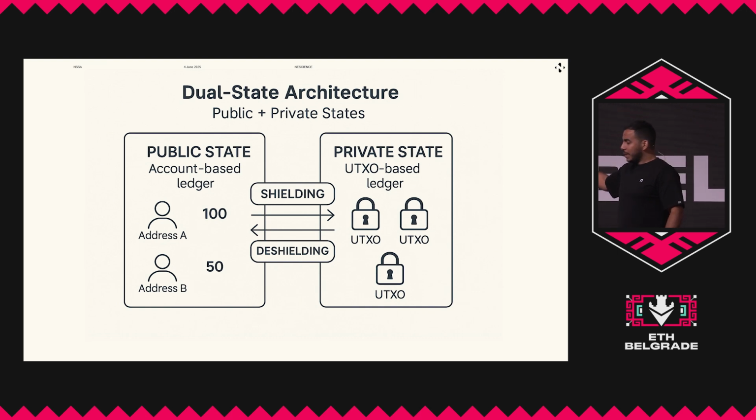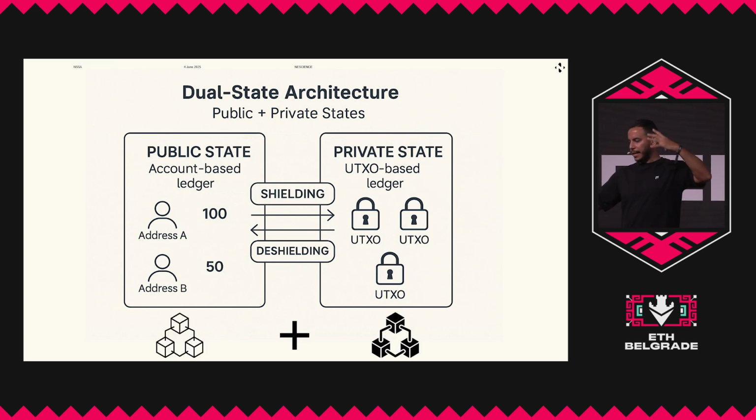So we'll have a public state, which is an account-based ledger where we have accounts and balances, and a private state that is UTXO-based, which represents the ownership of data or assets. What we are trying to enable here is, let's say that Alice wants to send some transactions to Bob in a shielded or deshielded way. I will go through these definitions later. But it will allow Alice to create a new UTXO for Bob, and send it privately.